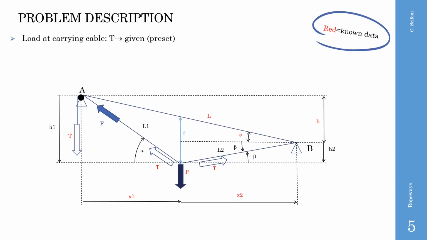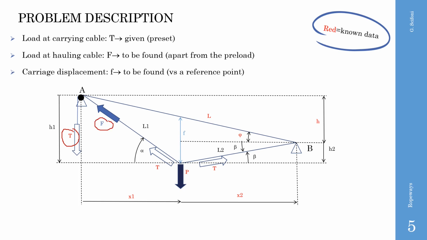The load at the carrying cable, capital T, is given, is a preset due to the counterweight. The load at the hauling cable, capital F, must be found, apart from the preload, and the carriage displacement also must be found. This is the displacement of the carriage referred to the segment AB that connects the trestle at a higher elevation with the trestle at the lower elevation.